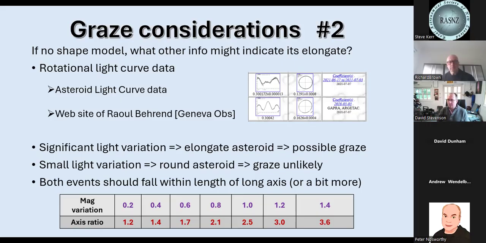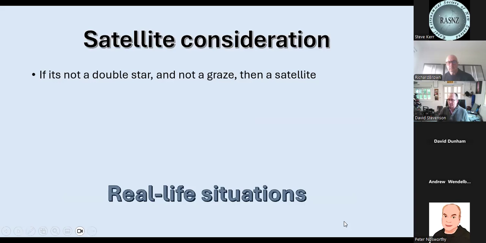And I'll emphasize, to claim a satellite, you've got to exclude other explanations, and you can get a situation where you can't exclude that, so you can't claim it as a satellite. If you go through all that, and you've excluded all those, subject to what Michael was going to tell us about the fourth explanation, which he can now come up with.